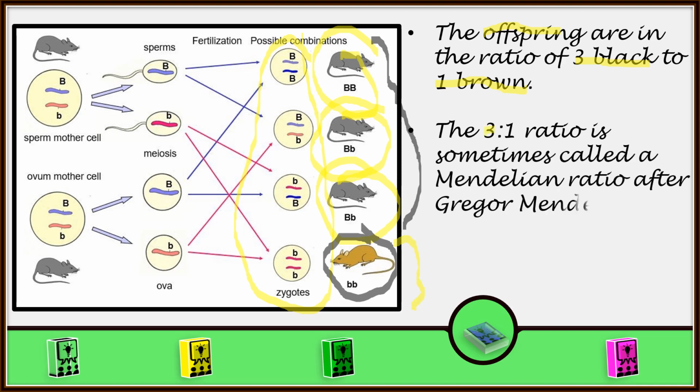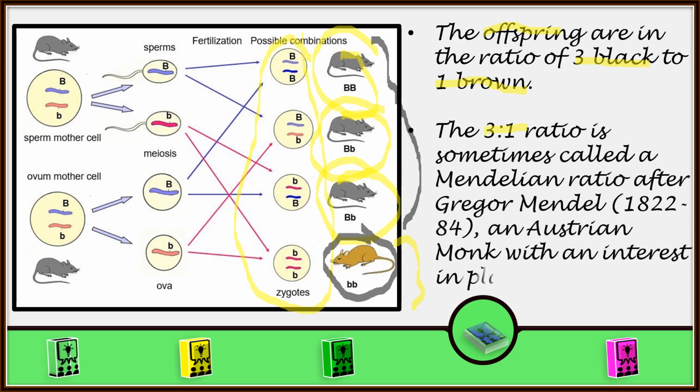The 3:1 ratio is sometimes called the Mendelian ratio, after Gregor Mendel, who lived between 1822 and 1846. He was an Australian monk with an interest in plant breeding and mathematics.